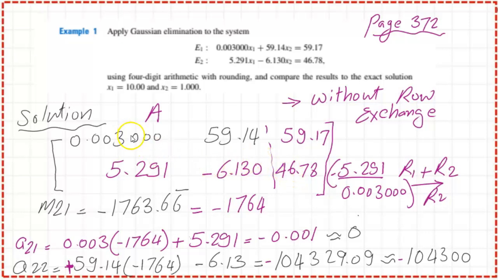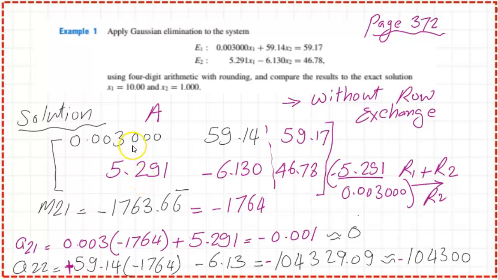We use this as a pivot, so in order to get 0 here, we will divide 5.291 over 0.003000, multiply by minus 1 of R1, and add to the second row.